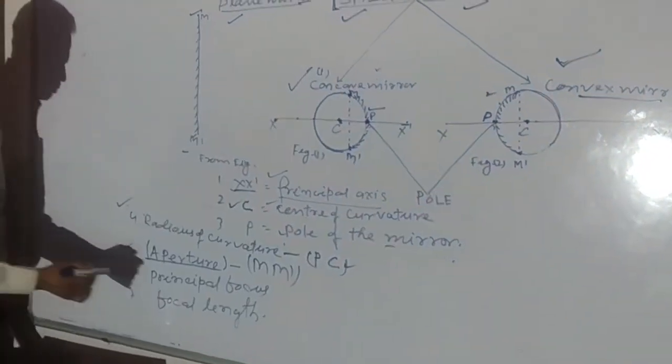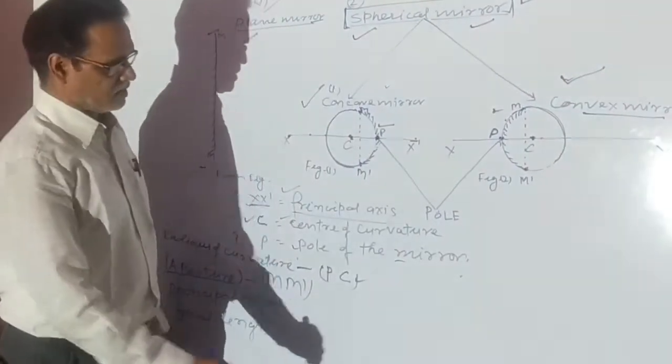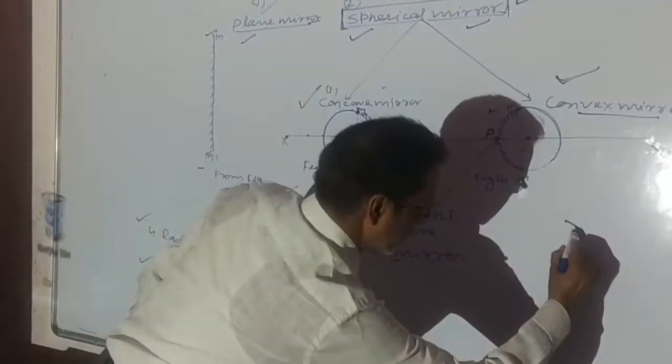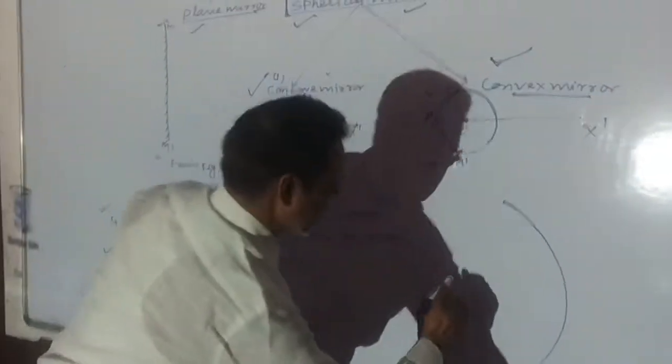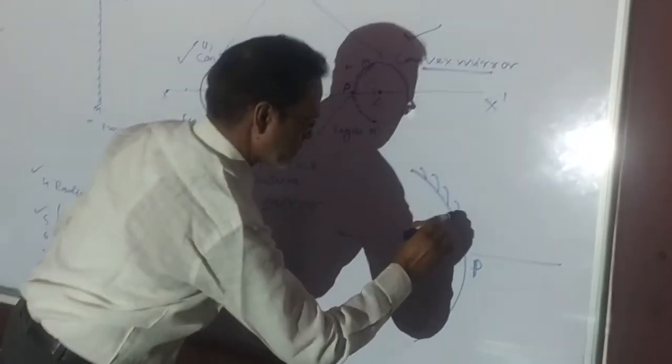Understand? Now principal focus. तो principal focus क्या होता है? Let us know the principal focus. This is the pole of the mirror.